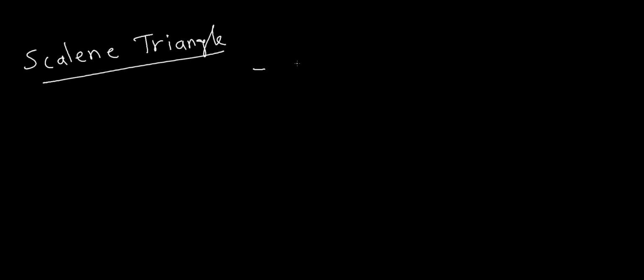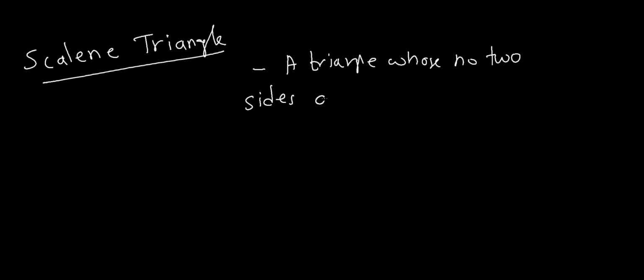So first is scalene triangle. A scalene triangle is a triangle whose no two sides are equal is called a scalene triangle. No two sides are equal.